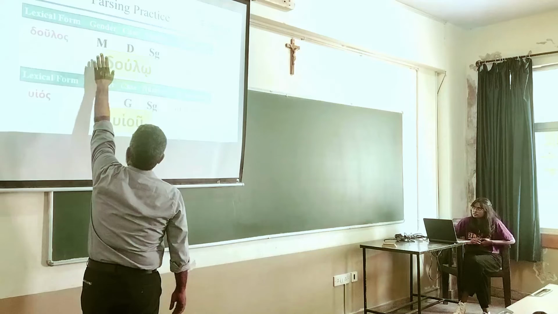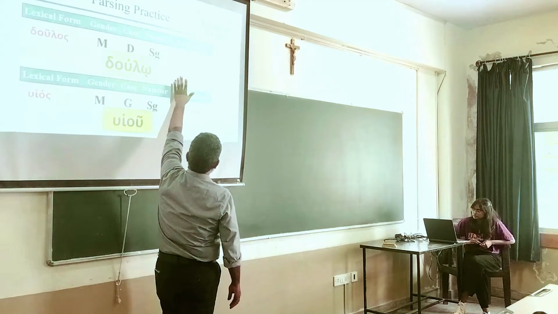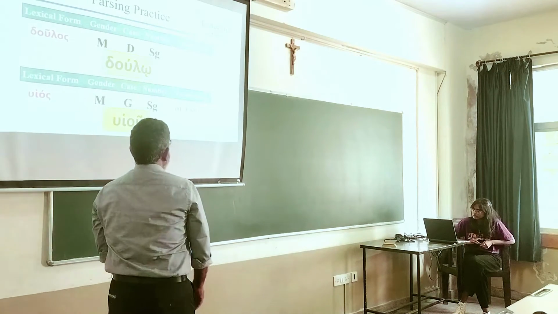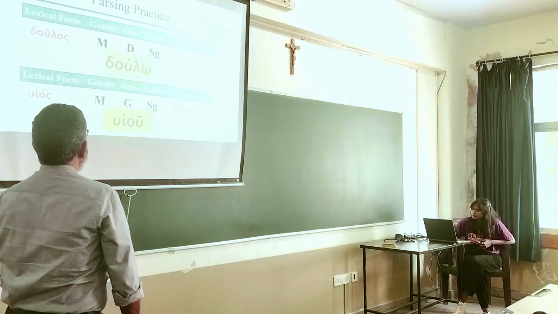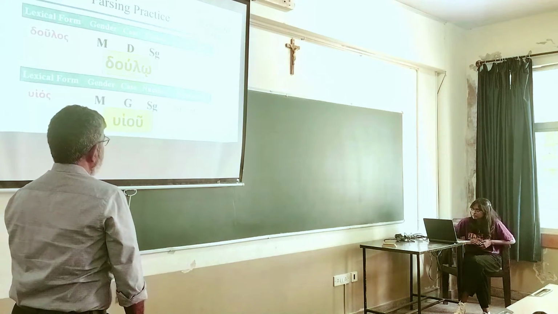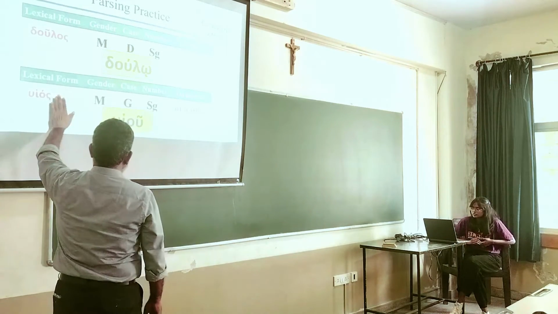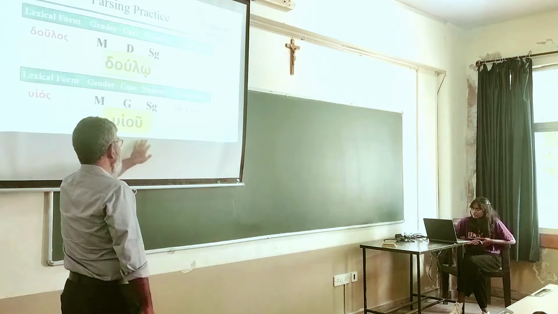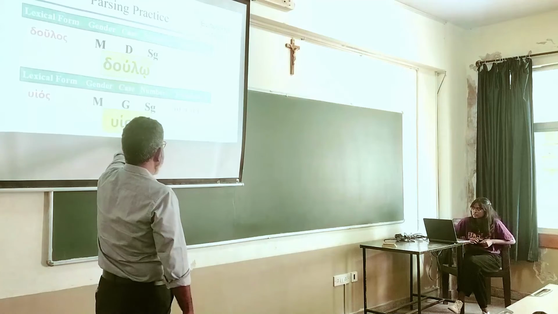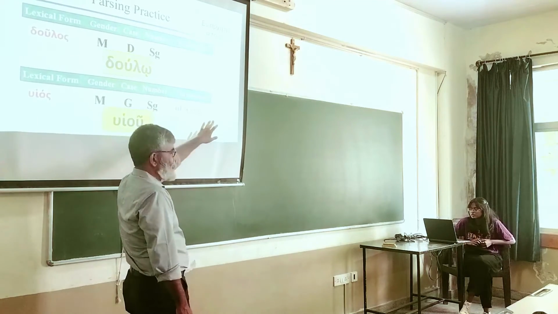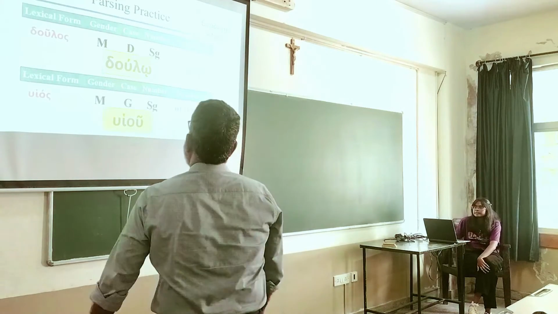So we are saying it is a masculine gender, it is a dative case, it is singular, and the idea is to or for a slave. When you translate an indirect object, we use to or for. Possession is of. Huios means son. It is masculine, the case is genitive, it is singular, translation is of a son. Good? Okay, we'll move on.